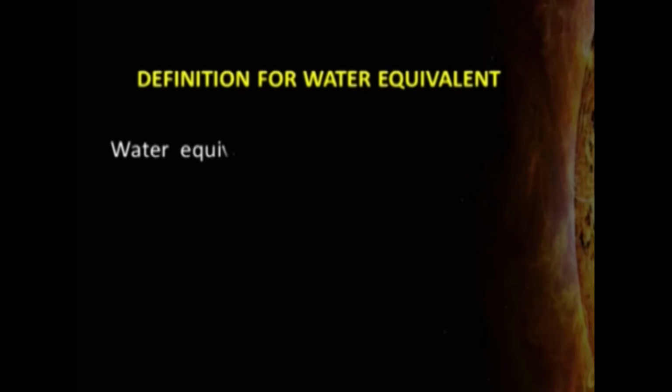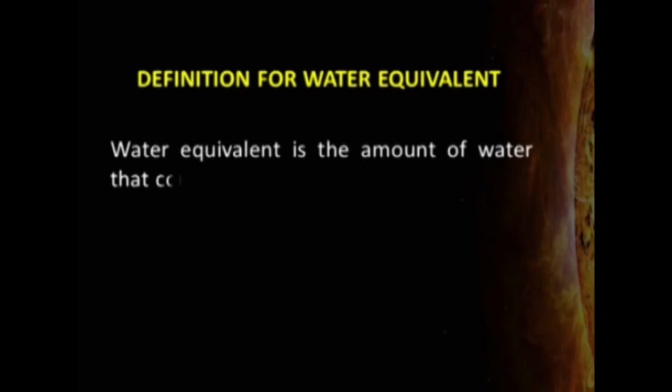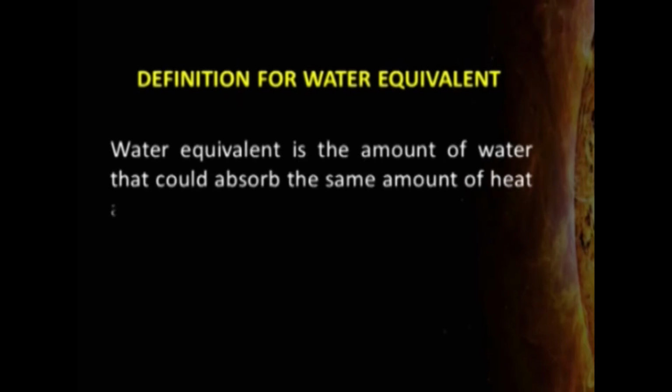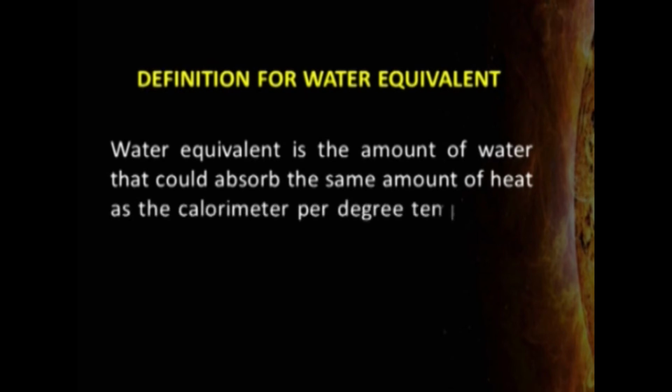Sometimes instead of heat capacity of calorimeter, water equivalent is given. Now, water equivalent is the amount of water that would absorb the same amount of heat as the calorimeter per degree temperature increase. Now, recall that according to first law of thermodynamics, change in internal energy is the sum of Q and W, means heat change and work done by the system or work done on the system.